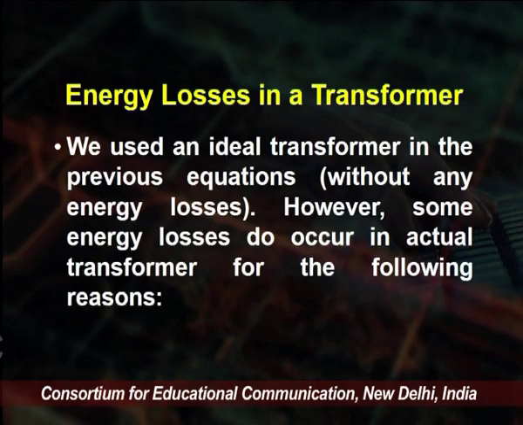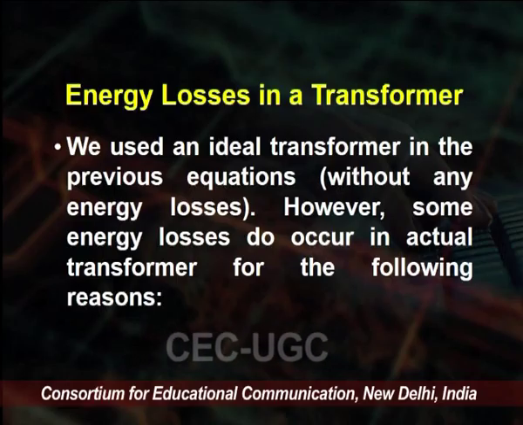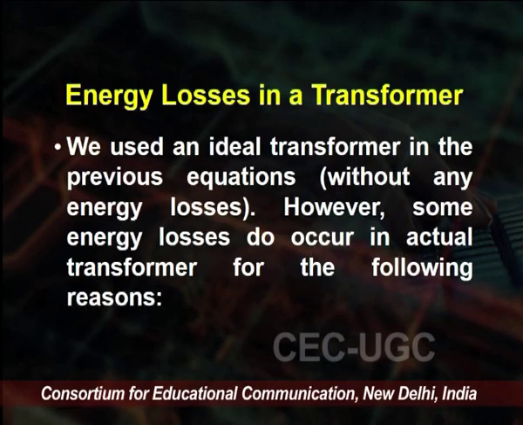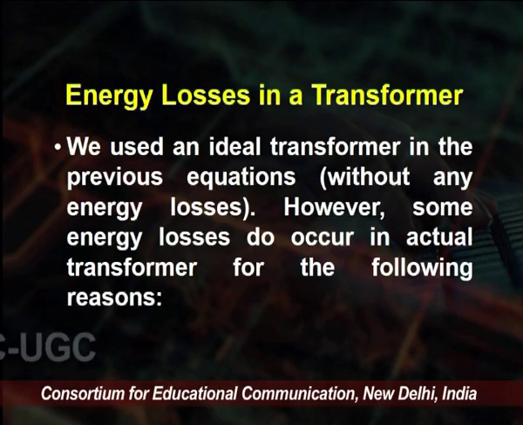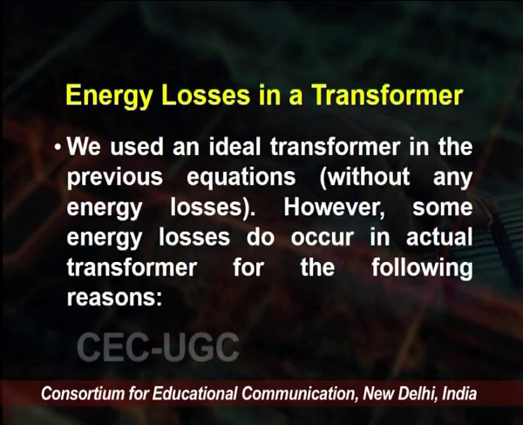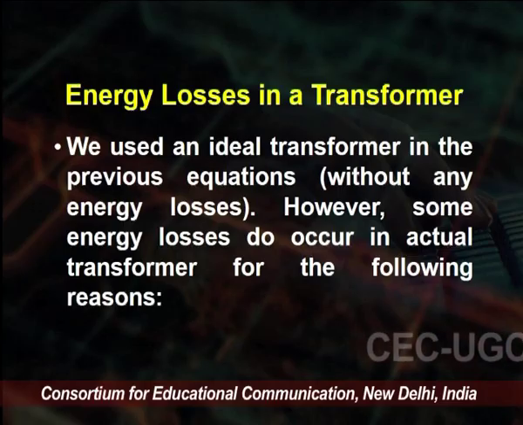Another parameter of the transformer is the energy losses in the transformer, as the energy losses define the efficiency. We used the ideal transformer in the previous equation, which has no losses. Some energy losses do occur in an actual transformer for the following reasons. Number 1 is flux leakage.